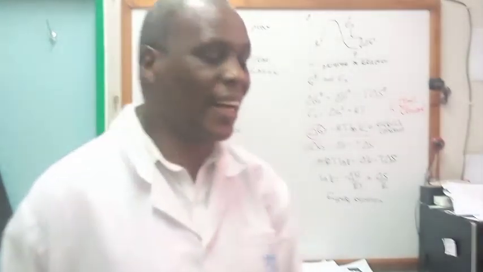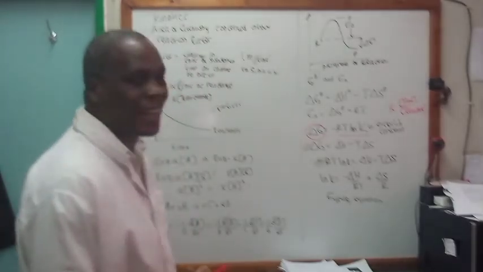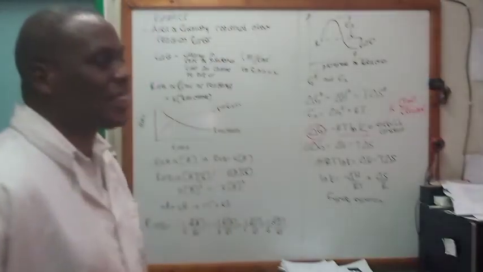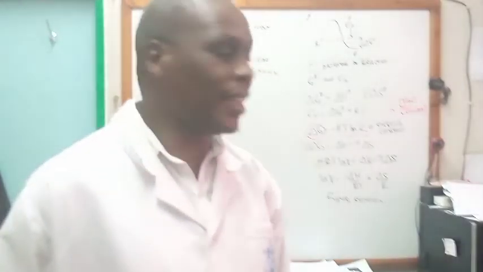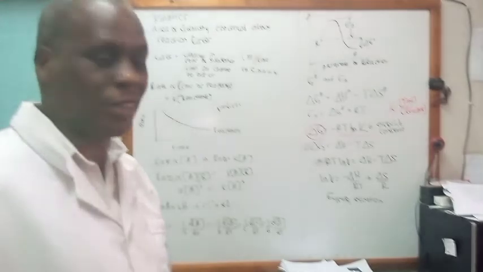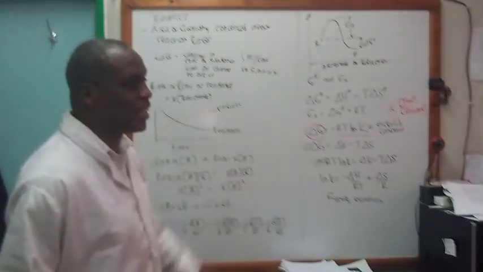It's called the Arrhenius equation, or Arrhenius law, as it's called. You're going to see it is one of the most important equations in what I call physical chemistry. It's going to be related to the activation energy.